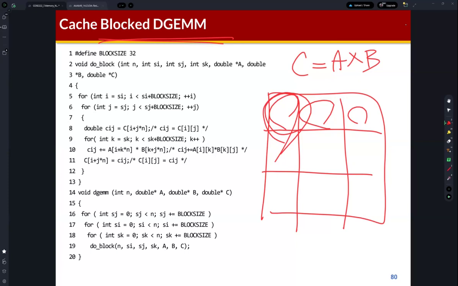So by applying the blocked matrix multiplication algorithm, we can increase the performance. So this is the optimized program that considers the cache hierarchy.